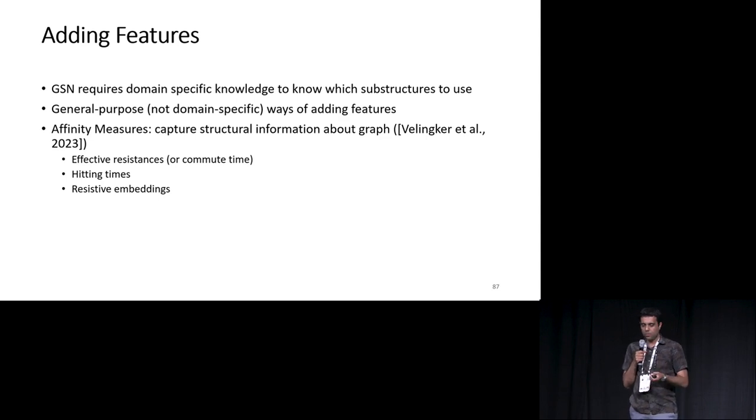What this work does is use a variety of measures such as effective resistance, hitting times, and what we call resistive embeddings. And these are general topological structures. I think Adrián again talked about effective resistances and hitting times.